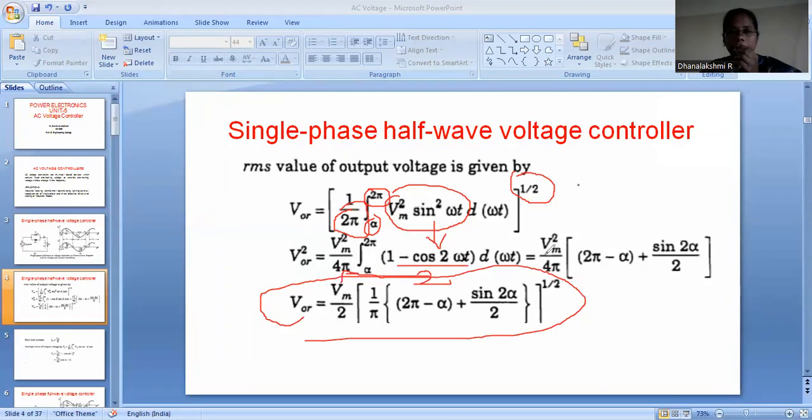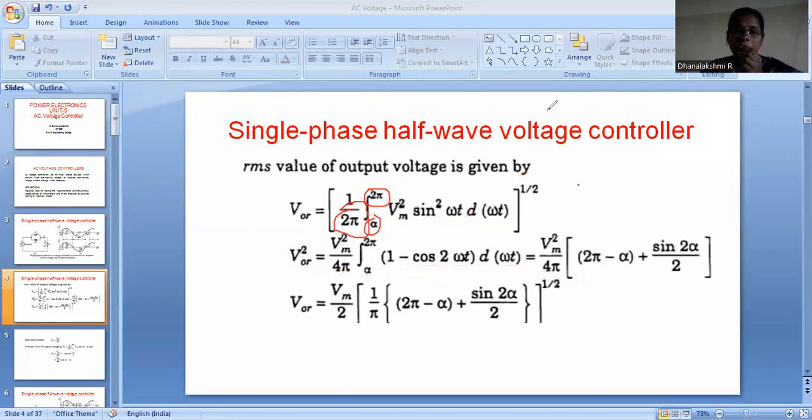Now we have to integrate, and after substituting the limits, we will be getting our V naught RMS in this form. Right, so this is the RMS value we are getting for our half wave.